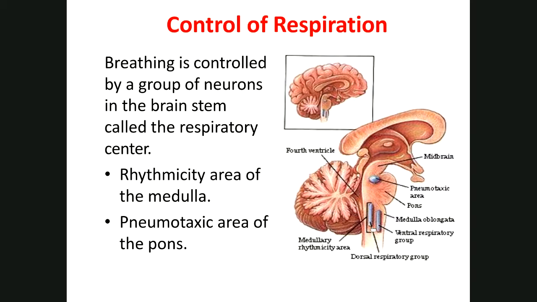So we have three groups of neurons that are working to control the respiration process. Two of them are located in the rhythmicity area in the medulla, and one of them is in the pons, known as the pneumotaxic area. All of these are very important to control the process of respiration.